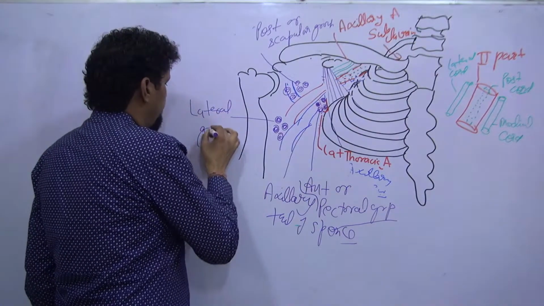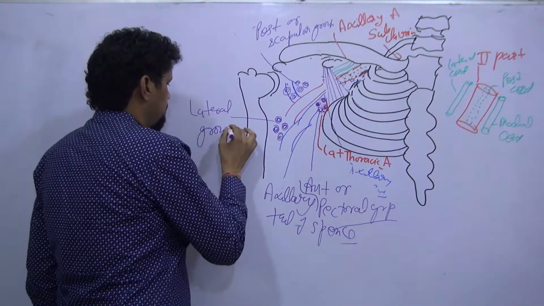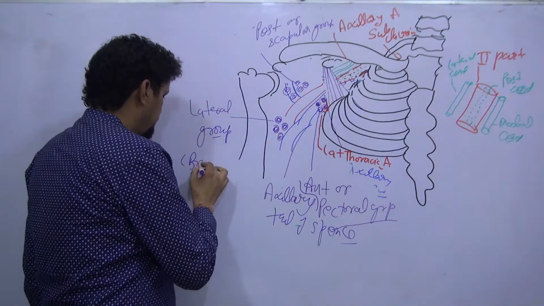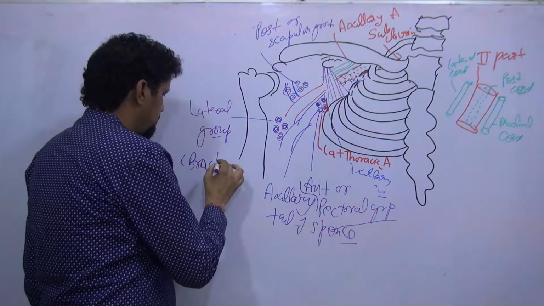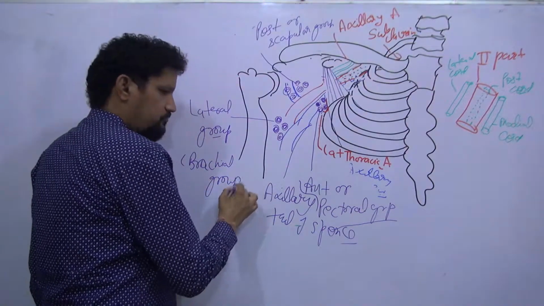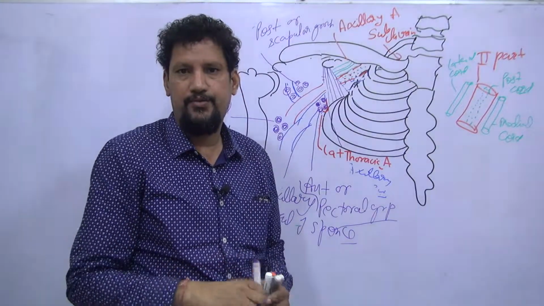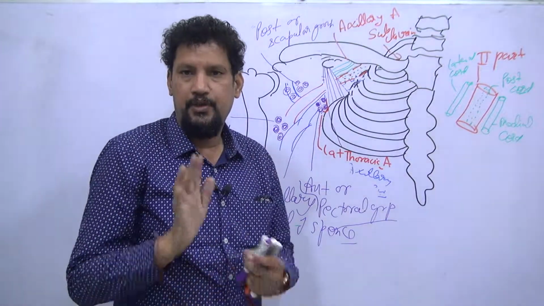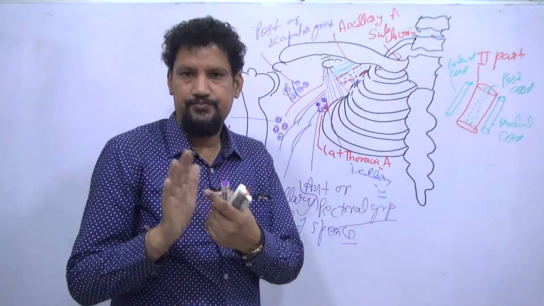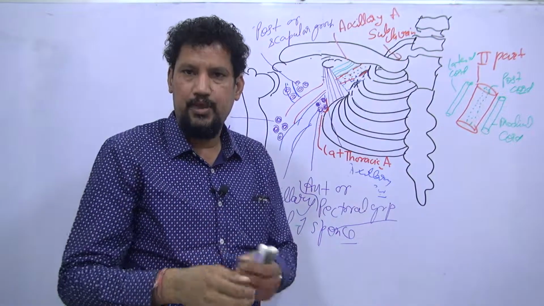The lateral group, also known as the brachial group, receives the afferents from the upper limb, from the fingers or digits, the hand proper, the forearm and the arm.